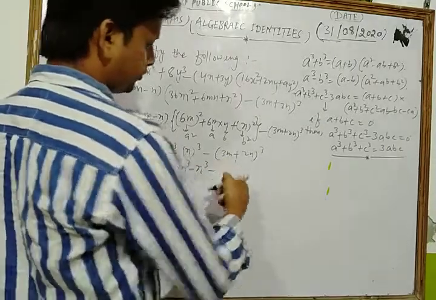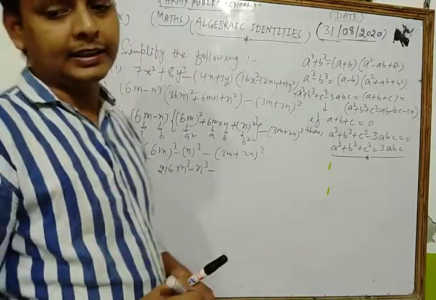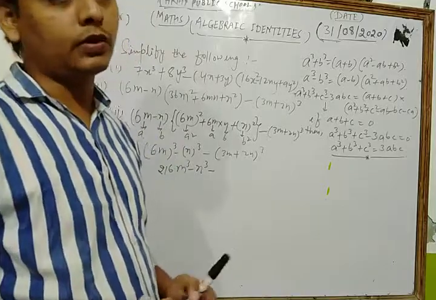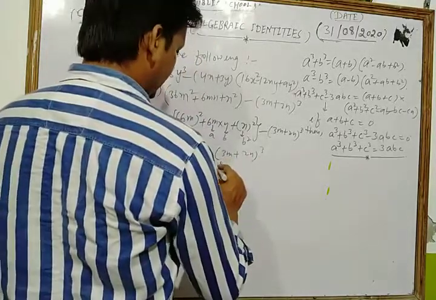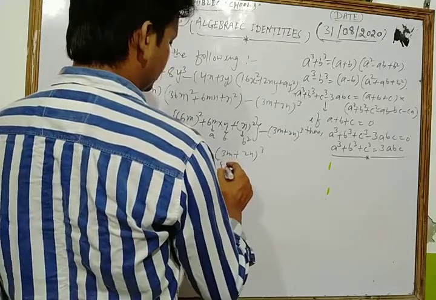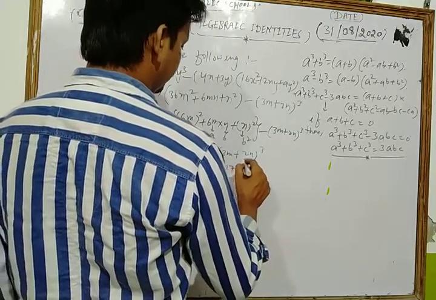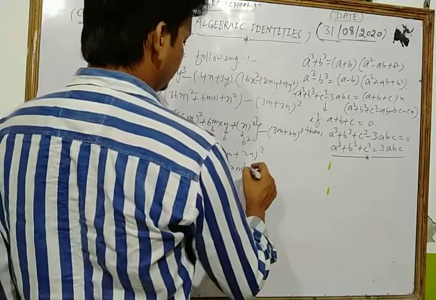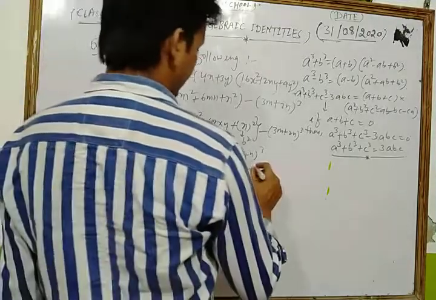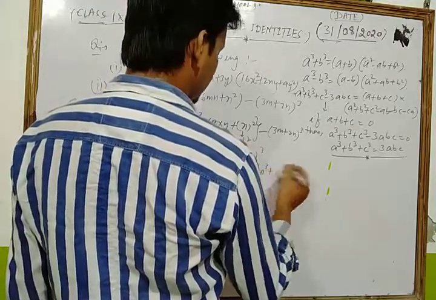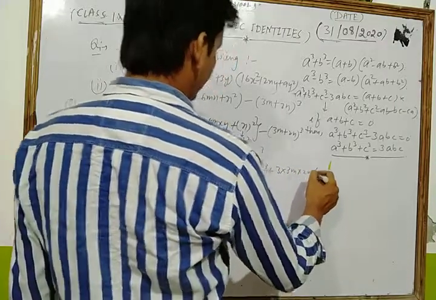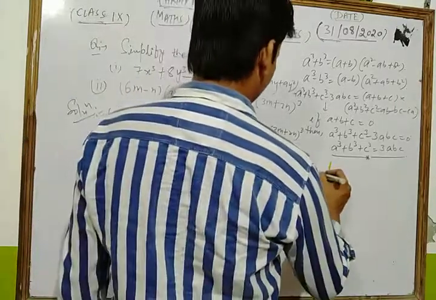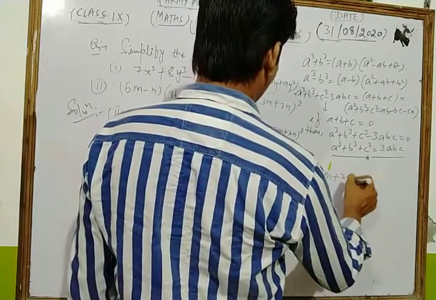Now look, we know that the algebraic identity is a plus b whole cube as a cube plus b cube in this way. So we split that value in bracket: a cube means 27m cube plus b cube 8n cube plus 3ab, 3 into a into b, in bracket a plus b means 3m plus 2n.